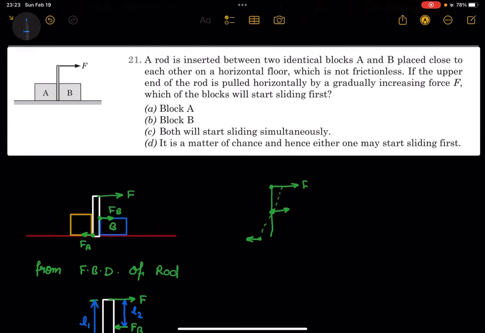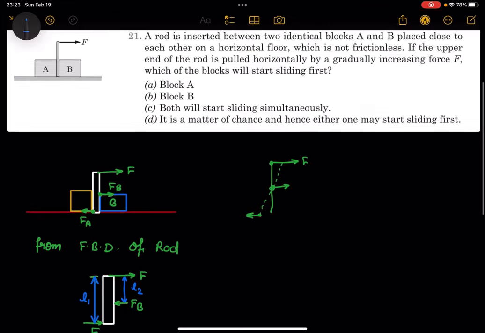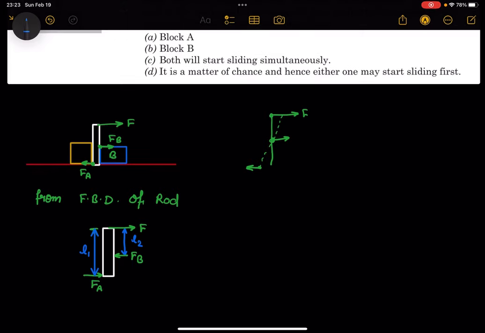Now in the question it is given very easily: the rod is inserted between two identical blocks A and B placed close to each other on a horizontal floor. I tell you one concept here: if the blocks A and B were not present, the rod would start tilting. But here, because of these two blocks, the rod is not tilted.